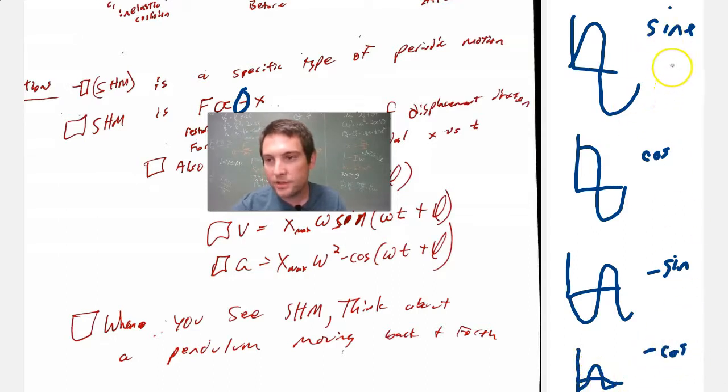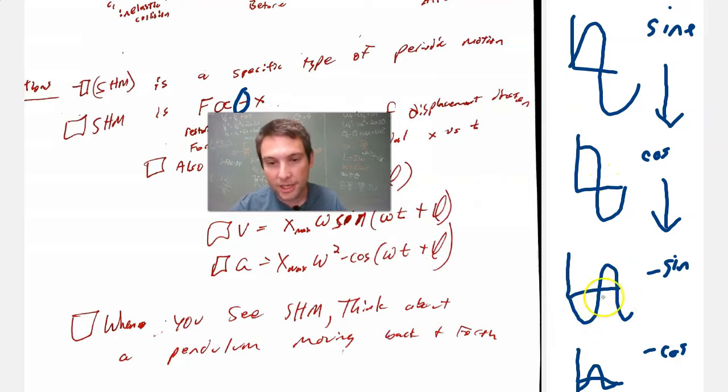Know the order of this: sine, cosine, negative sine, negative cosine. That's as much of the pattern that you're going to need, because you can take the slope of one to go to the other. So if your position is given as a sine curve, starts at 0 and goes positive, then you know your velocity is going to be a cosine curve, starts positive and goes negative. Then that means your acceleration, the derivative or slope of that graph, is going to be a negative sine graph.